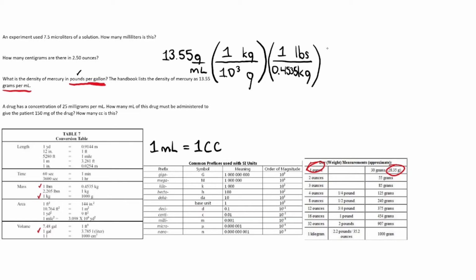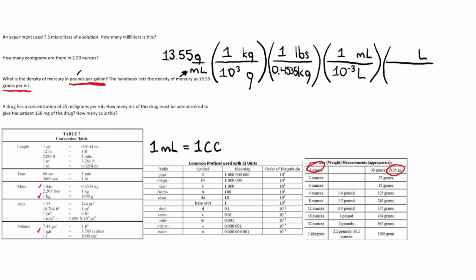Now we need to get into gallons. Since milliliters is on the bottom here, we want to get out of milliliters by putting it in the numerator. So we're going to go from milliliters to liters, and now we can cancel out milliliters. For every 1 milliliter, we have 10 to the negative 3 liters. Now we're in liters, we can go from liters to gallons.